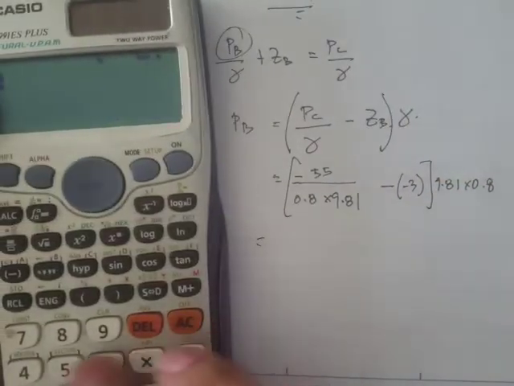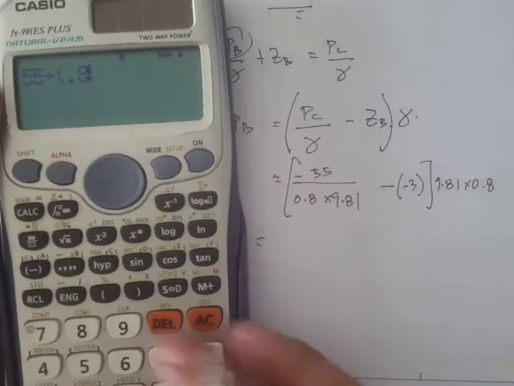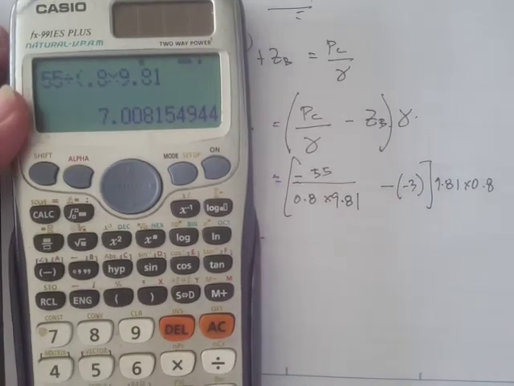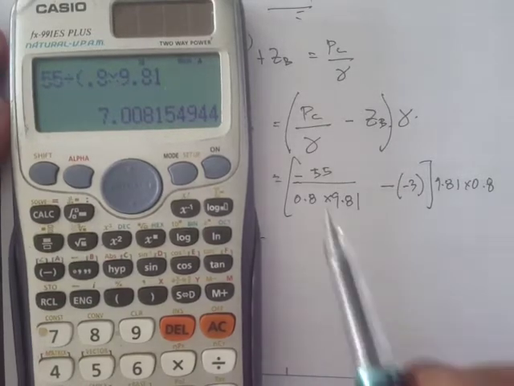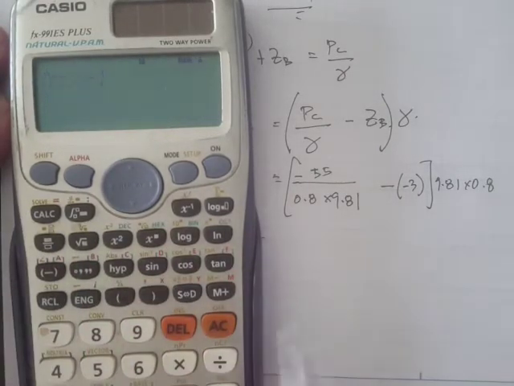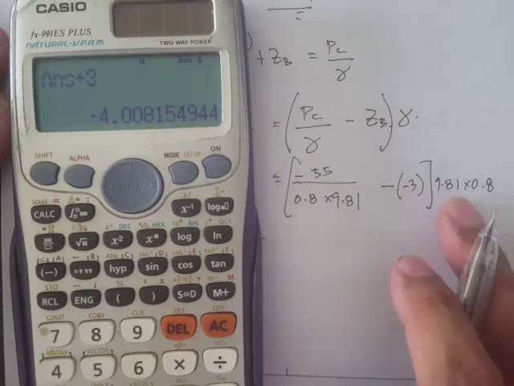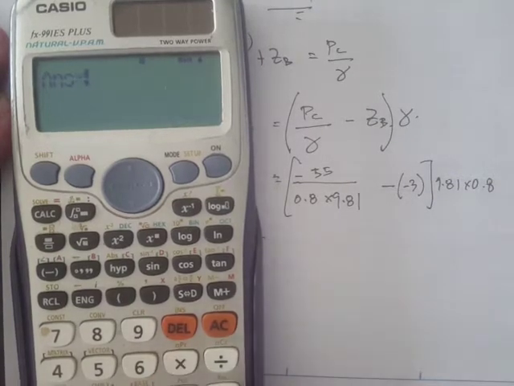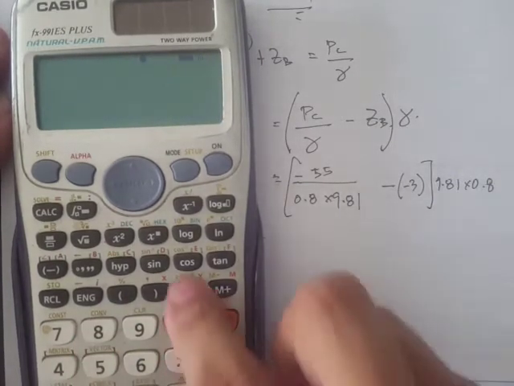So that's 55 divided by 0.8 times 9.81, multiplied by negative 1 because it's negative, plus 3, and this is 4, times the 9.81 times 0.8.